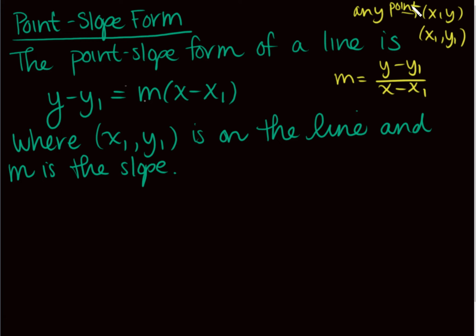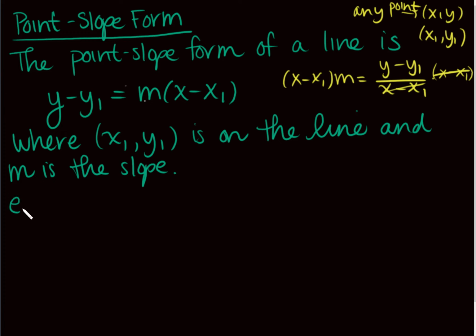It has to be the same slope. That's what gives me the line. So if I just multiply both sides by x minus x1, look at what I get. I get the point slope form of the line. So it's fancy, but it's nothing mysterious or anything like that.